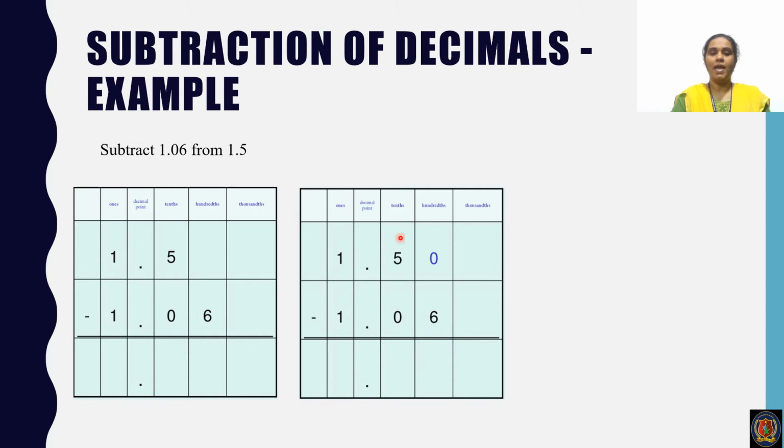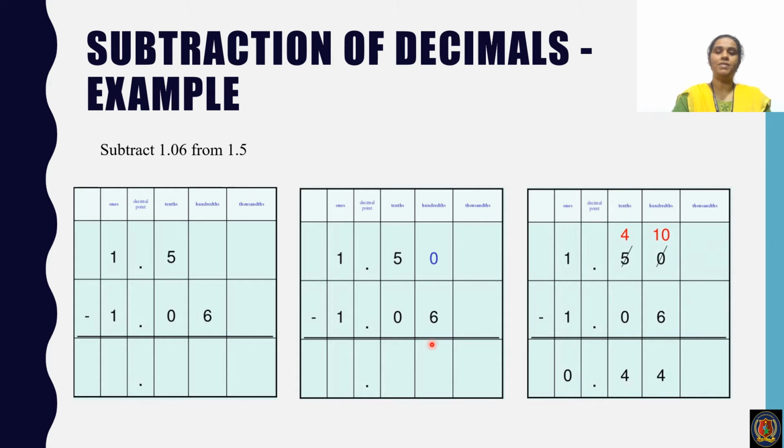Now they are like decimals, and the last step is to do the normal subtraction. 0 minus 6 can't be done, so we rearrange, and 10 minus 6 gives you 4, and 4 minus 0 gives you 4, and 1 minus 1 is 0. In the answer, never forget to bring down the decimal point. So we are getting 0.44.